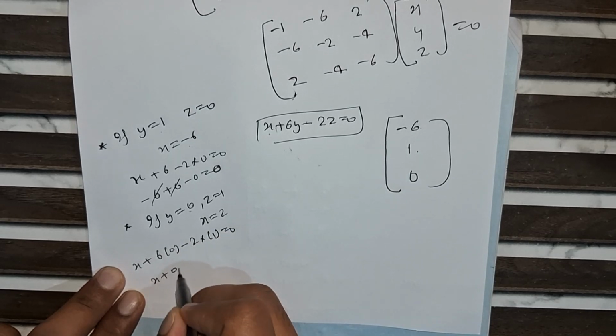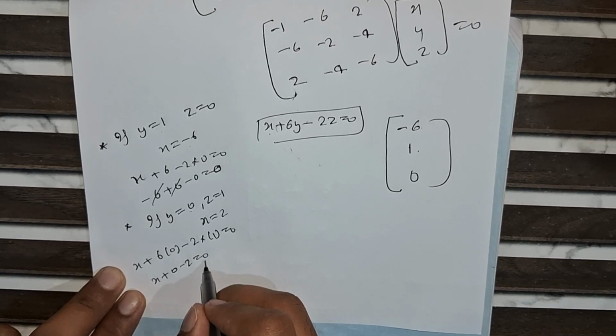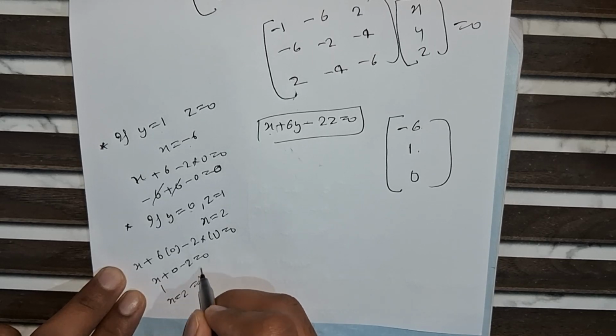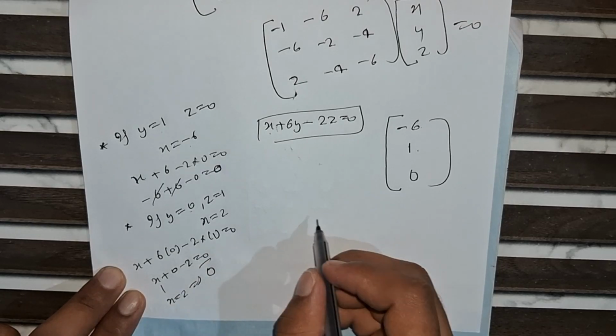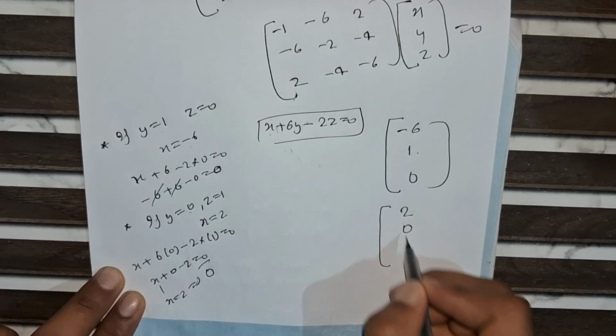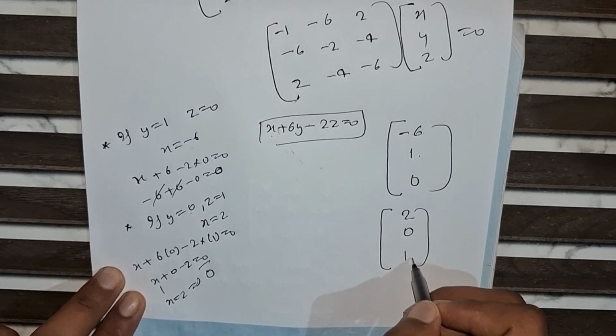So x plus 0 minus 2 equals 0. So what are the possible values of x? As you can clearly see, the x value equals 2, then it satisfies this equation, which becomes 0. So our second eigenvector is 2, 0 and 1. This is the x value, this is the y value and this is the z value.